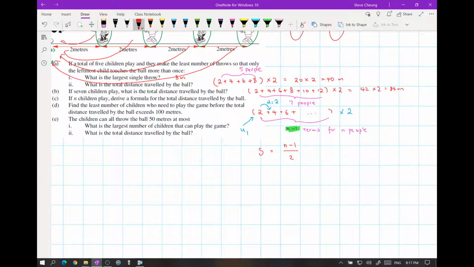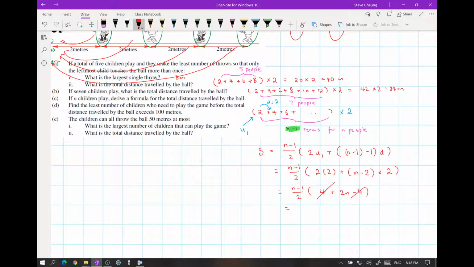So every time I see n, I'm going to replace it with n minus 1. So this will be n over 2 times (2u1 plus (n minus 1)d). So the first term is 2. And here, this becomes n minus 2 inside. And difference is also 2. That's 4 plus 2n minus 4.